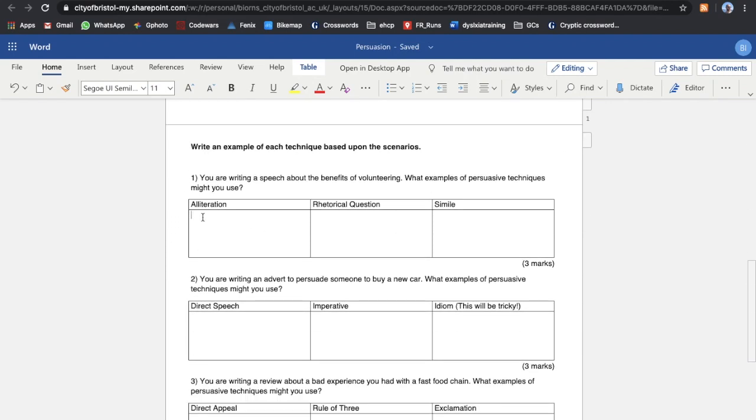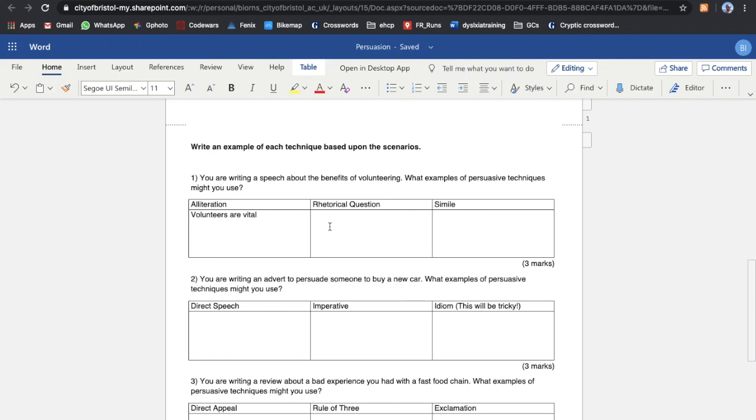Finally then, I asked you to write some examples of each technique based upon some scenarios. Number 1, you're writing a speech about the benefits of volunteering. What examples of persuasive techniques might you use? So for alliteration, you might say something like volunteers are vital, where we've got the repetition of the V sound at the beginning of volunteers and vital.